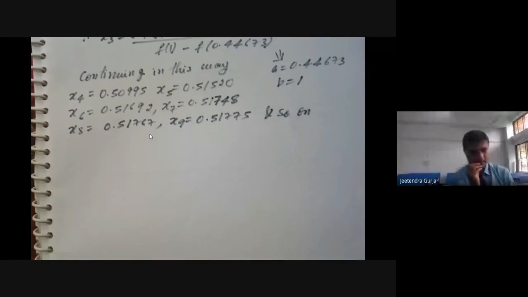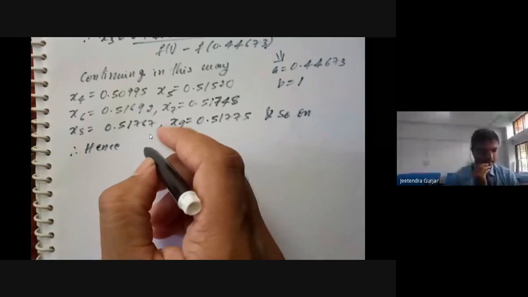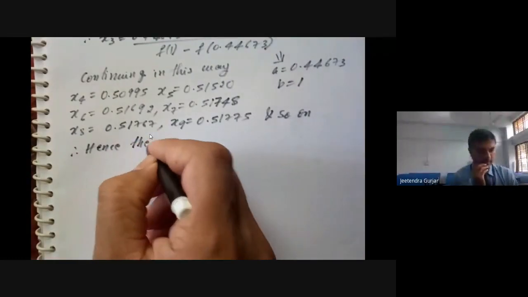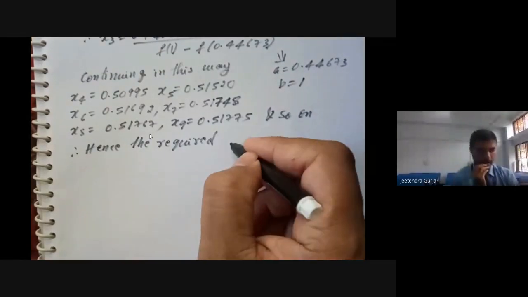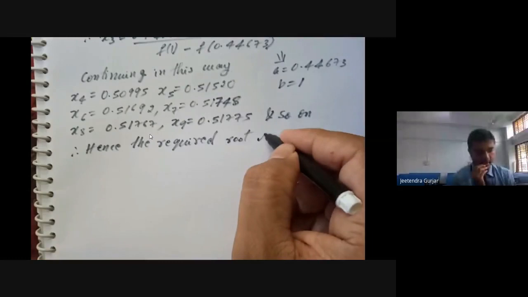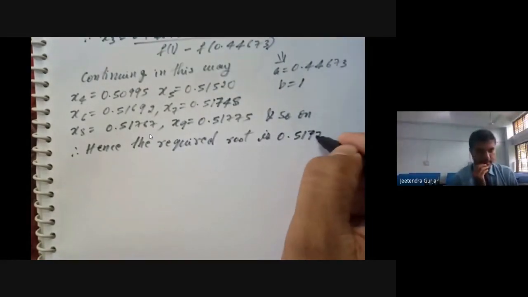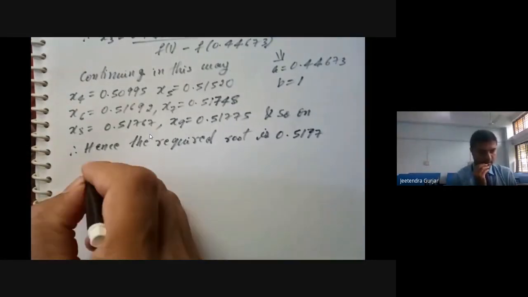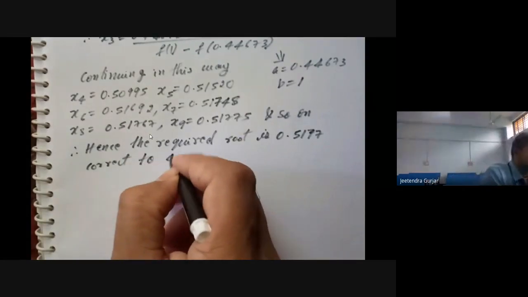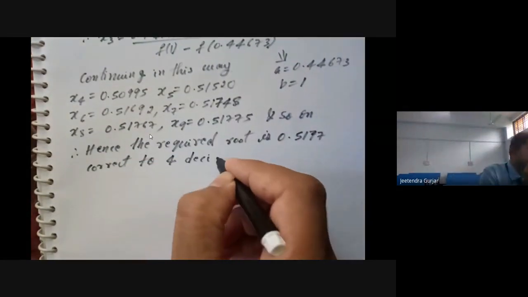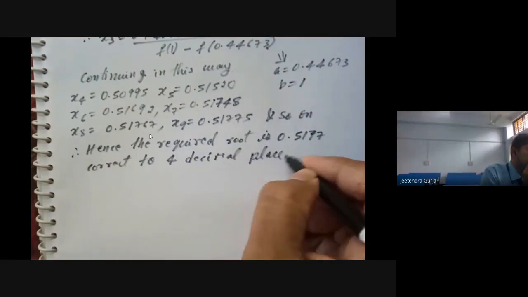So hence, looking at the values, we have got 4 decimal places correct values, and therefore the required root, you will take at the end, is 0.5177, correct to 4 decimal places.